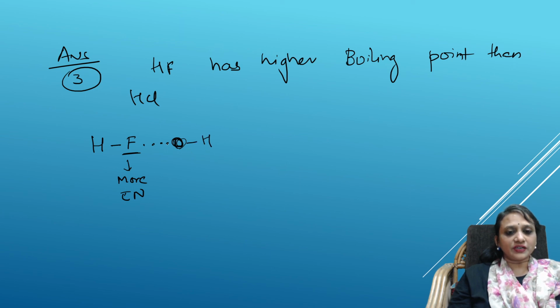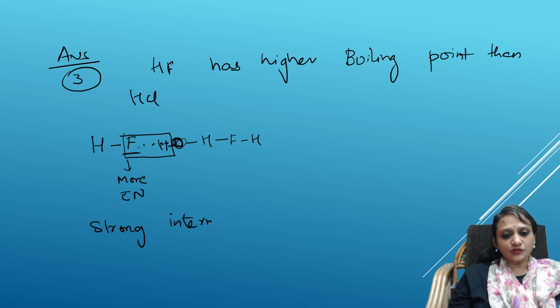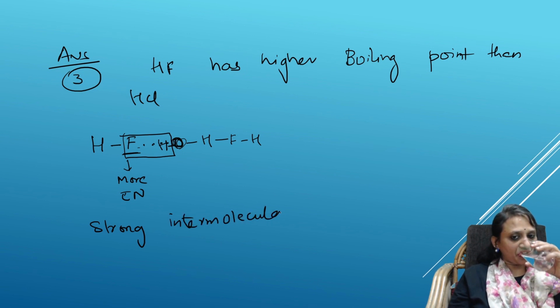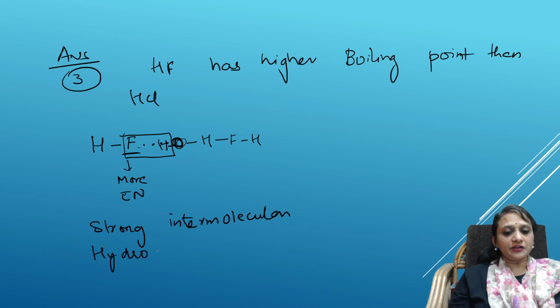One hydrogen will be there, then fluorine will be there, again hydrogen, again fluorine, like that in HF. So hydrogen bonding between F and H. So here in HF, most important, what do you have? Strong intermolecular hydrogen bonding.